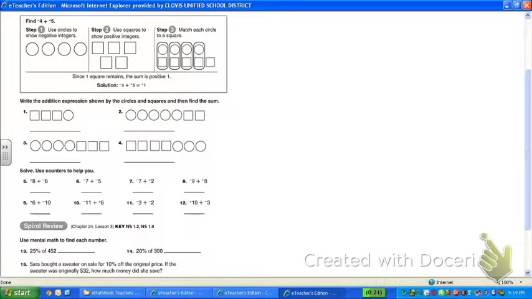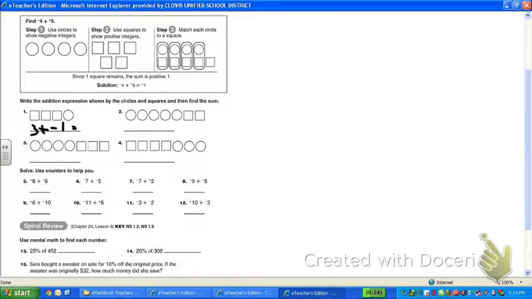So here's page 227 from their homework. They have these circles and squares that they'll sometimes use. I don't believe they'll be using this on the test, but if they do, the circles show negative numbers and the squares show positive. So number 1 would just be 3 plus negative 1.